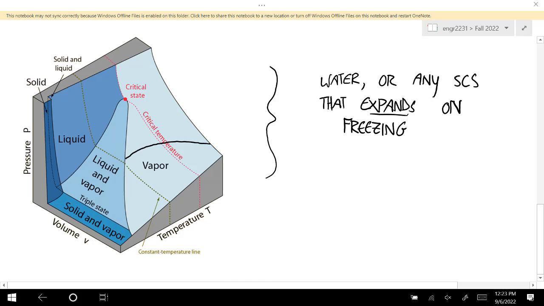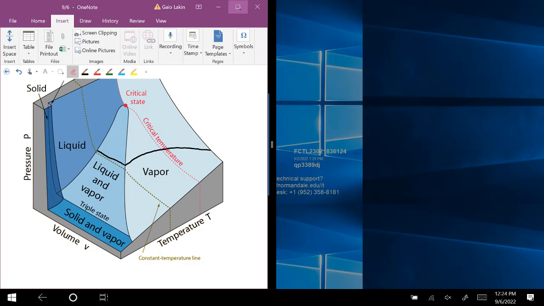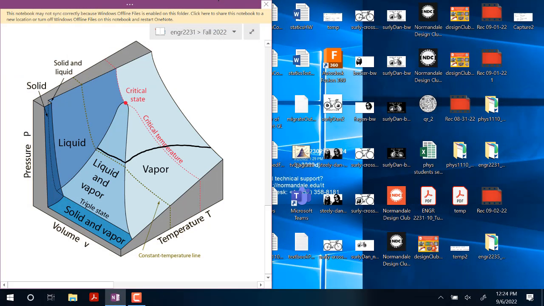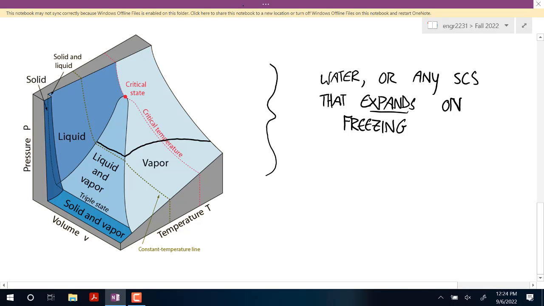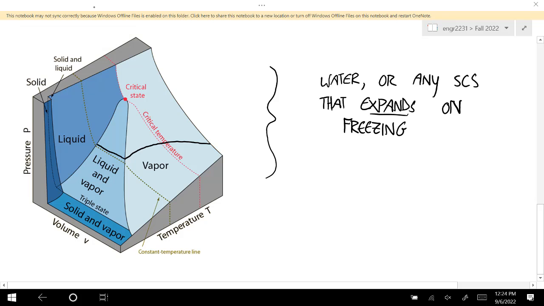So it would go something like this. And then it would trace a line like that.